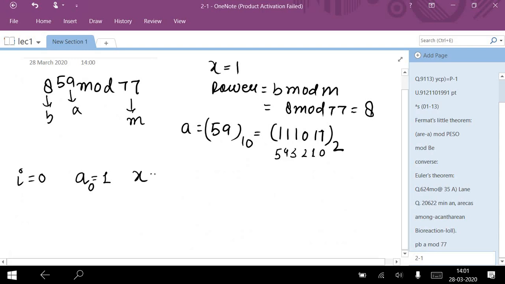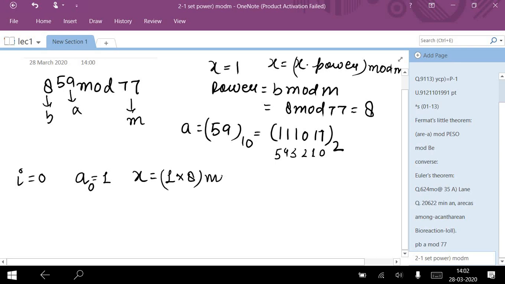So x equal to, what is the previous value of x? 1. I will write the formula: x equal to x into power mod m. So the previous value of x equal to 1, the power is 8, and mod m. What is the value of m? That is 77. So the answer is 8.